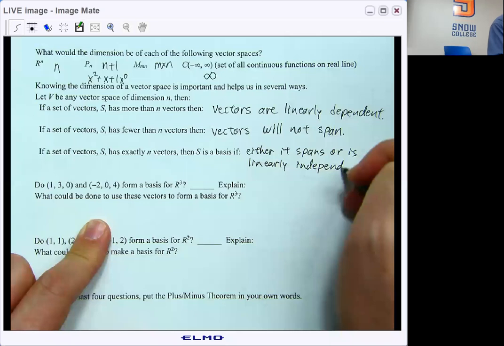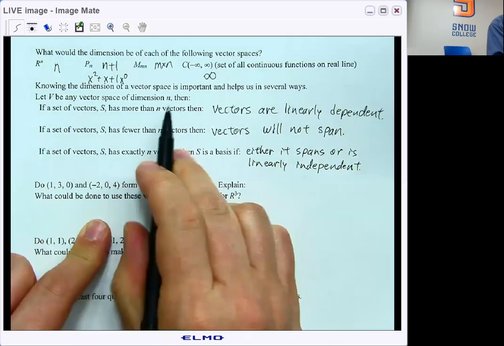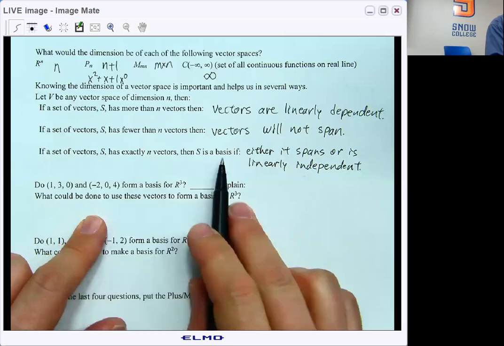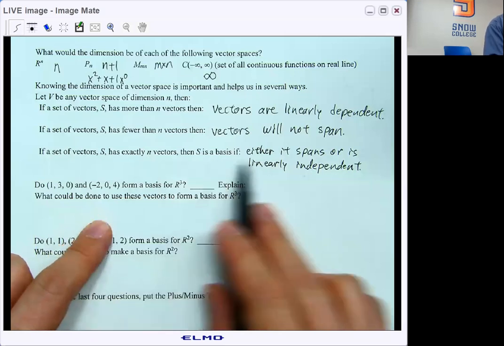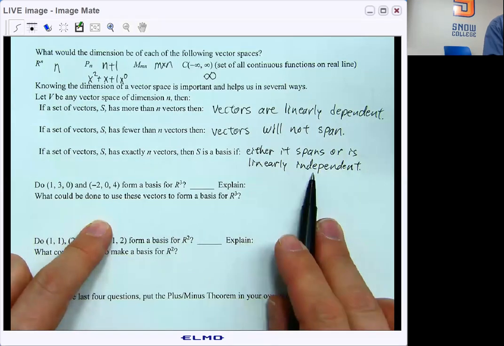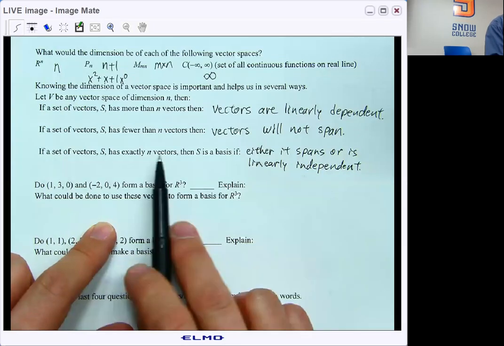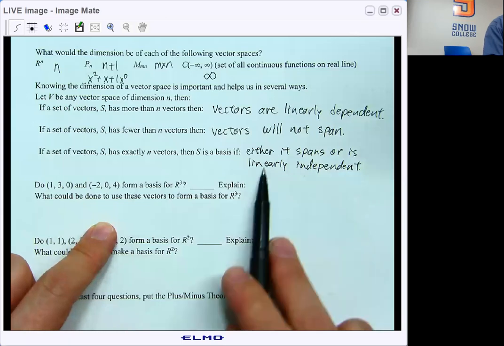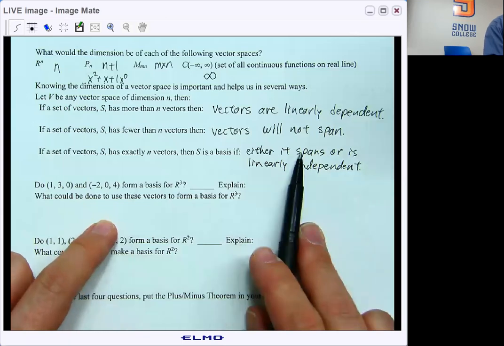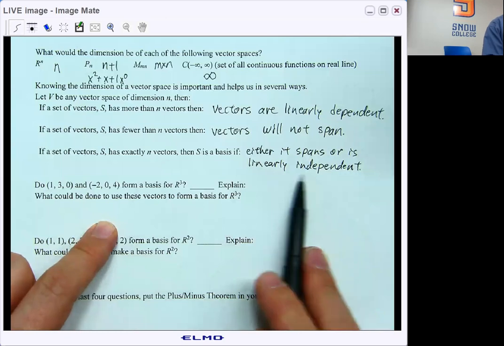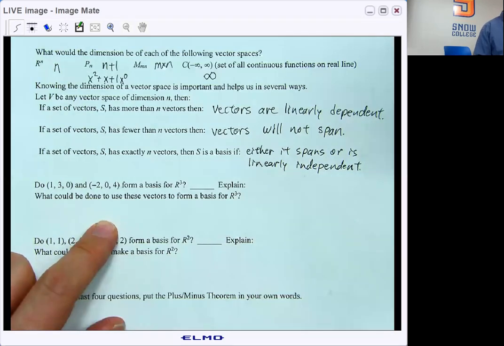If we know the dimension and we have that same number of vectors, we will know it's a basis if it either spans or is linearly independent. We only have to check one, and we get the other one for free. So if we have 4 vectors in a 4-dimensional space, if I can show that they are linearly independent, then it's guaranteed to span. Or conversely, if I can show that the 4 vectors span, then they must be linearly independent in that 4-dimensional space.